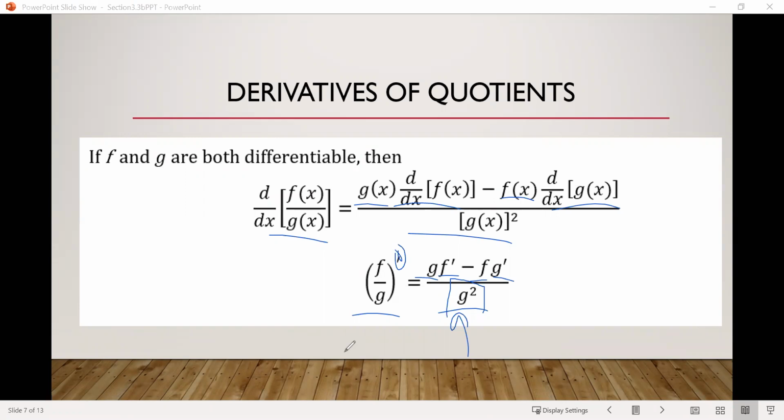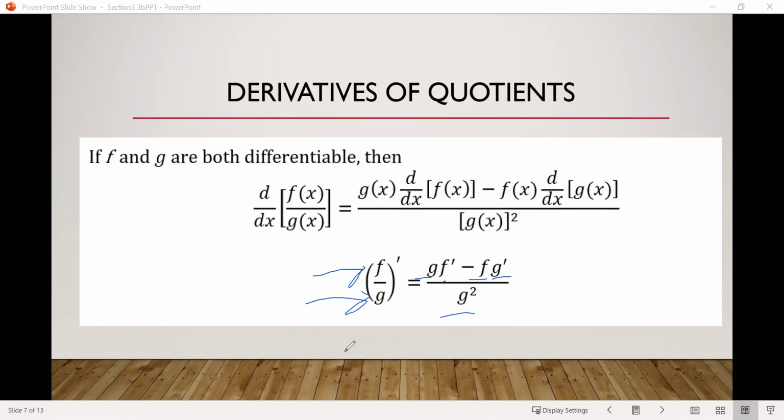Now, I know this one looks like a lot to remember, and it kind of is until you use it a lot. So one little rhyme or way to remember it that students have used is, if we think of each of these functions, f and g, as being the high one and the low one, and d representing derivative, one way people remember this is: low d high minus high d low, square the bottom, and there you go.